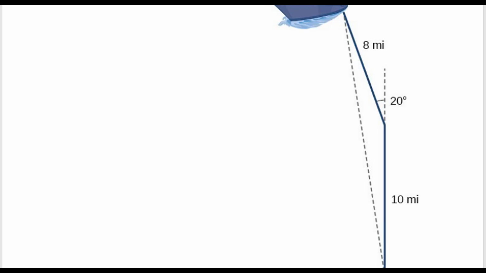We can call that X. The angle opposite this is going to be, so that's 20 from the vertical, this must be 160 degrees. So x squared equals 8 squared plus 10 squared minus 2 times 8 times 10 times cosine of 160 degrees.